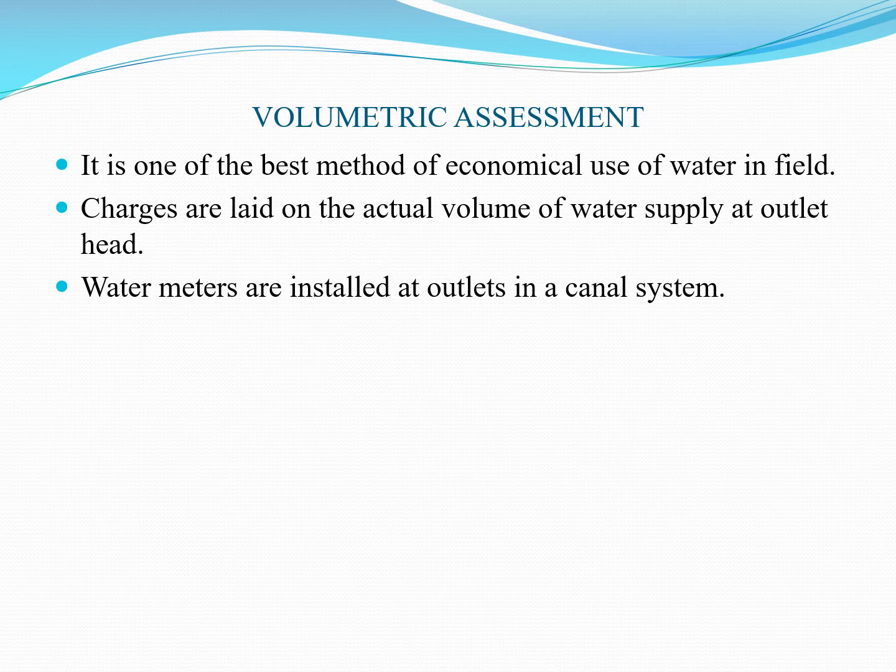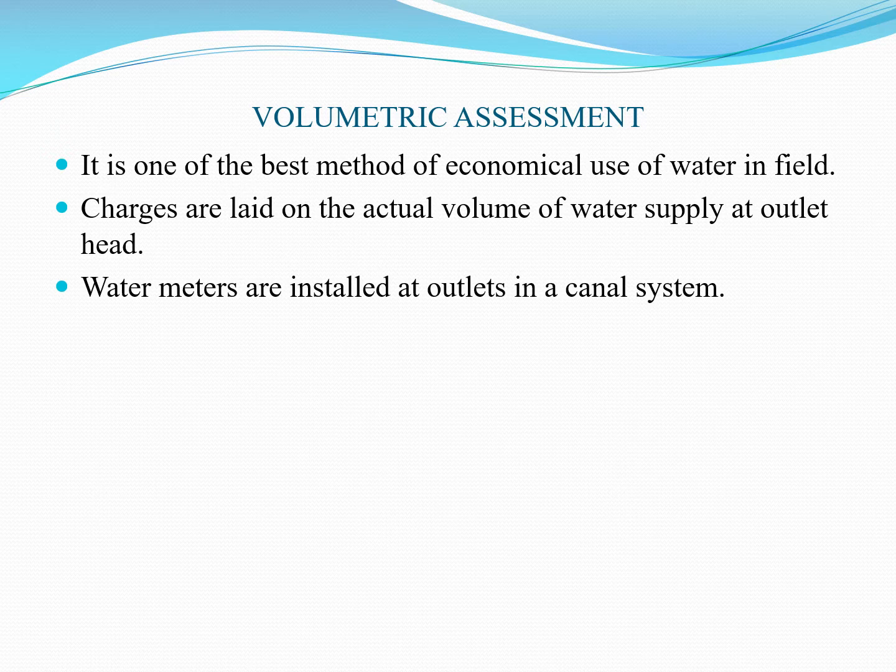First is the volumetric assessment. This is one of the best methods of economical use of water in the field, which prevents over irrigation by farmers because they know that the charges are laid on the supply of water.